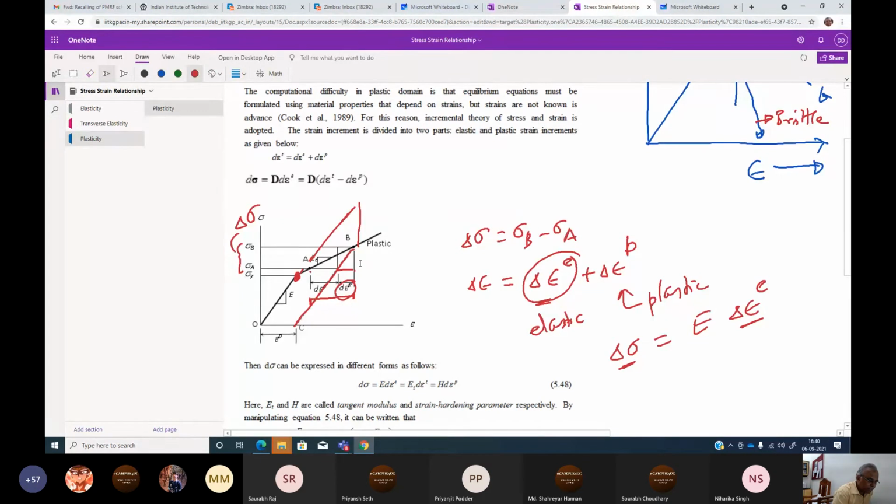So this much is my elastic strain and this is my delta sigma. Now suppose we have a tangential modulus Et of this line. We can also write this equals Et into the total strain.